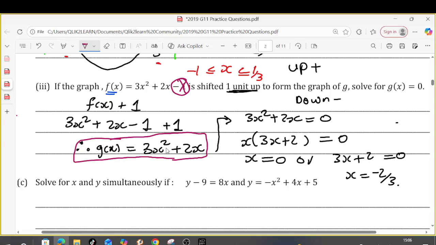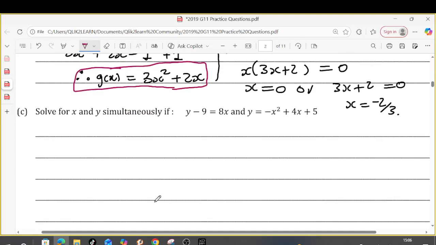If you don't manage to get to this step, it won't be easy for you to find the x values that they are looking for. So that's the trick. The trick here is the shift. 1 unit up, we add 1. So if we add 1 to this f at x, the minus 1 is removed and we are left with 0. Then we take this other expression, equate it to 0 and solve for x. That's what you were supposed to do on the question.